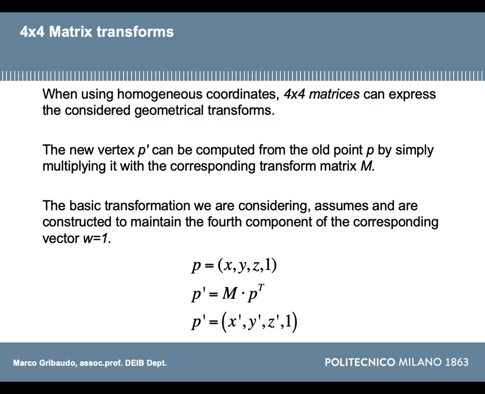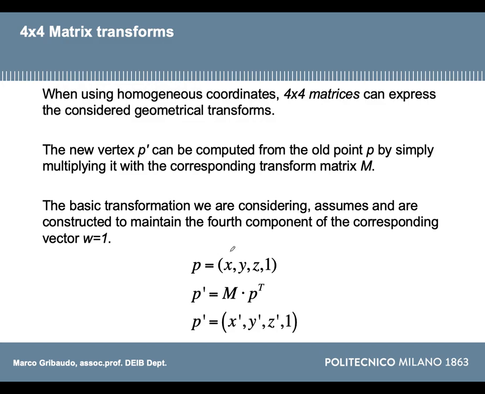So, movement, rotation, making things larger, making things smaller, can all be encoded with 16 numbers that form a 4x4 matrix.